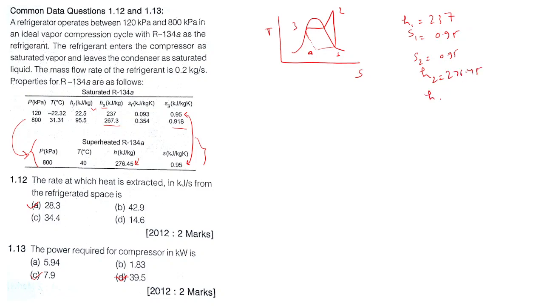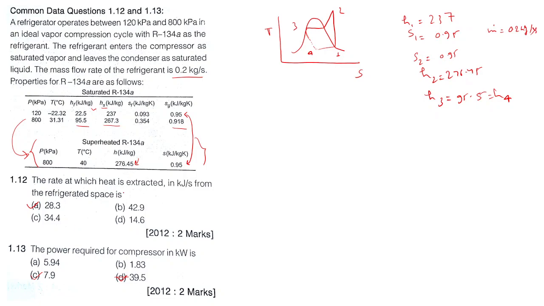And H3 is already given in the problem. What is H3? This is 95.5. H3 and H4 are the same. And mass flow rate they have given, 0.2 kilogram per second. Now you can find anything from here, right?